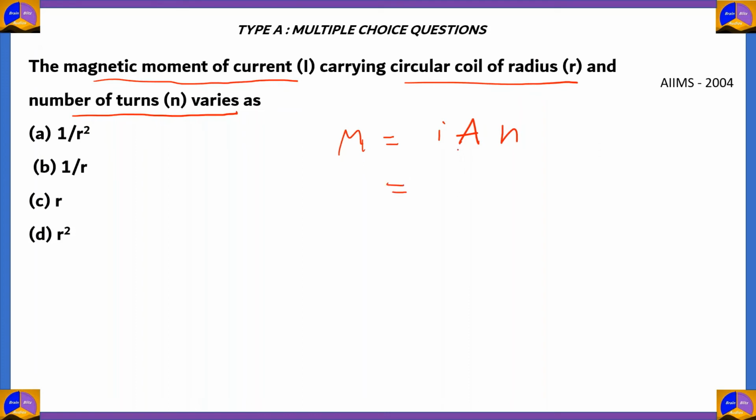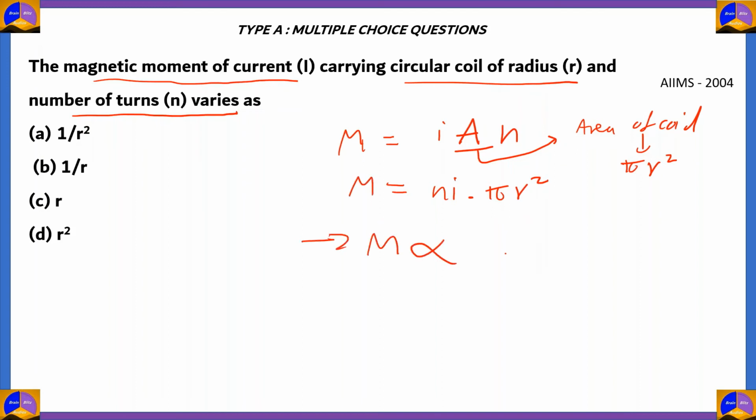So the area here represents the area of the coil. And since the coil is circular, which has a radius r, the area of the coil will be equal to pi r square. So it'll be n times I times pi r square, NI pi r square. So as you can see, the magnetic moment will have a direct relation with the square of r.